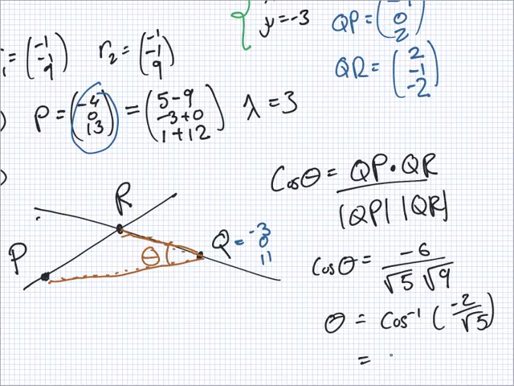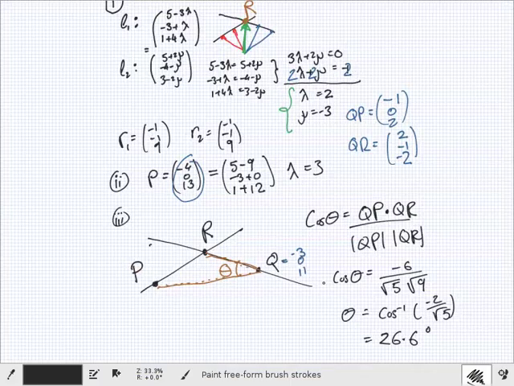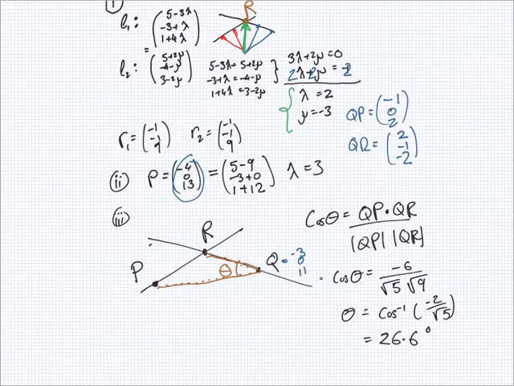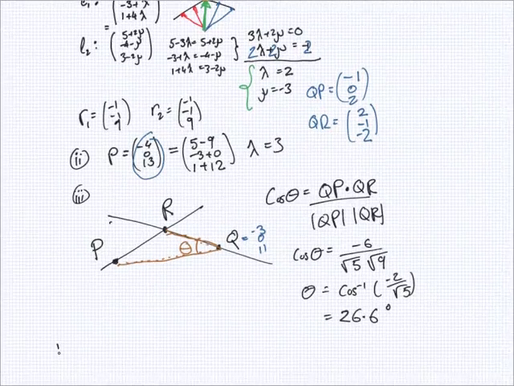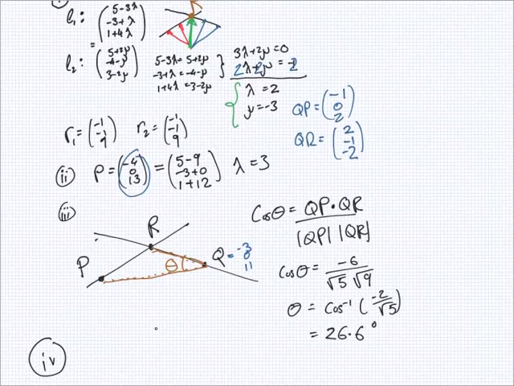They probably want the acute angle, so 180 minus that. Okay, go on. How do you find QP? P minus Q. That's when you want the angle between two lines.